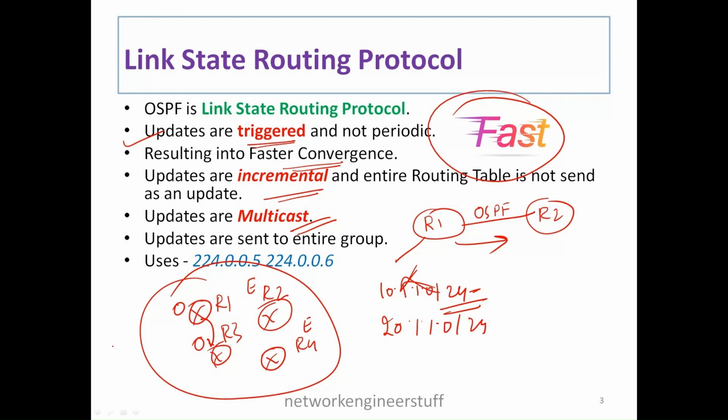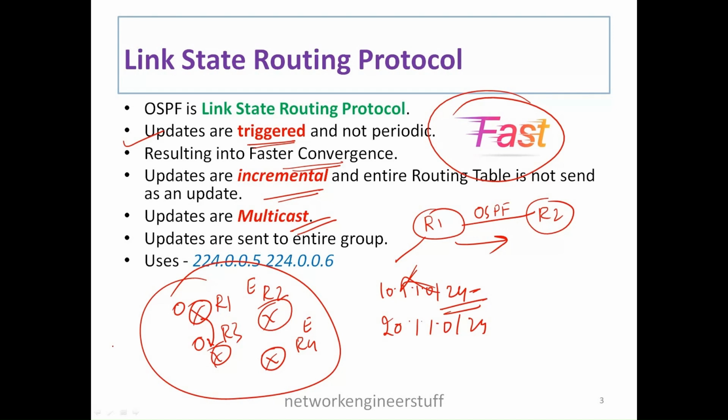Because if it is sent to non-OSPF devices, it is unnecessarily wasting the CPU cycles of those devices, because they will be processing those updates unnecessarily, resulting in unnecessary CPU cycle utilization on those routers. So there is no need for that, right? That is the reason the updates are multicast in OSPF, and this is a big advantage of OSPF.